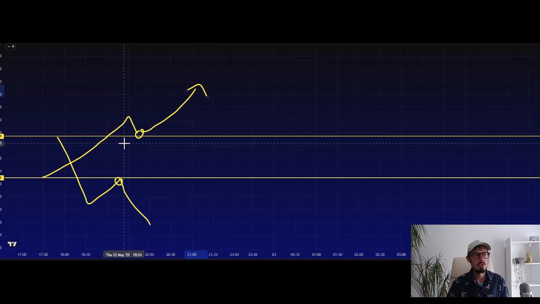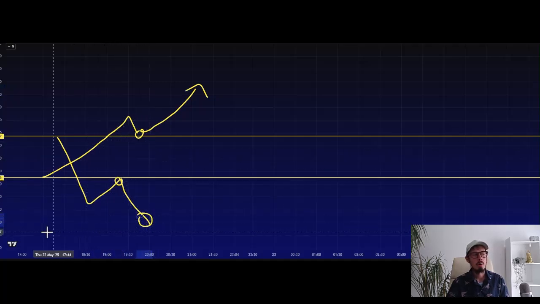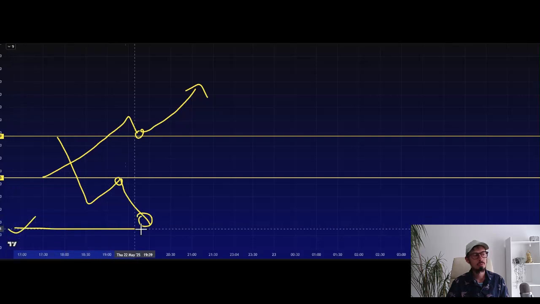And repeat the process. So for all your sell trades, take your profits above the previous swing low, and for all your buy trades, take your profit below the previous swing high.